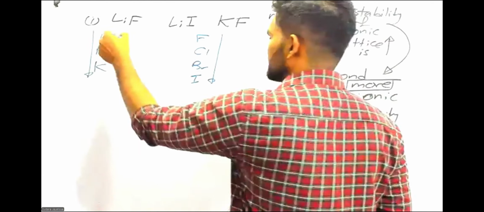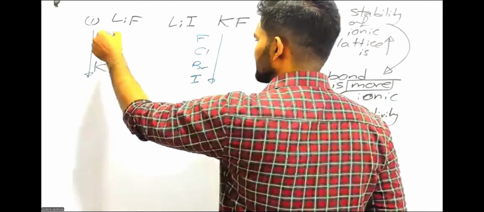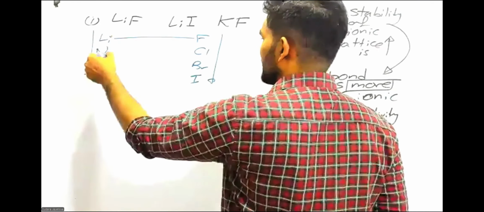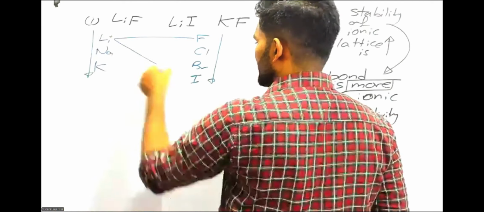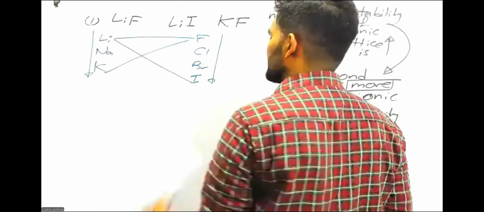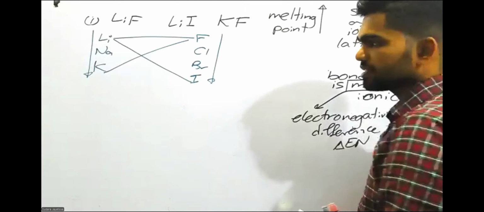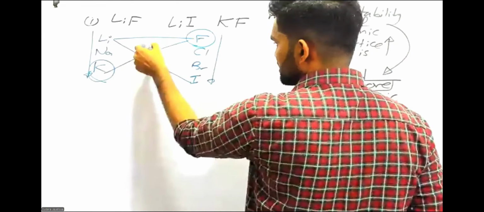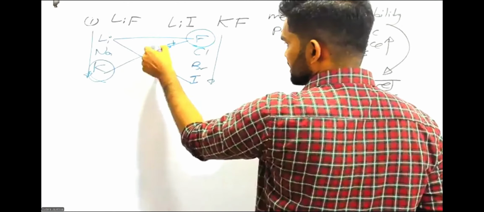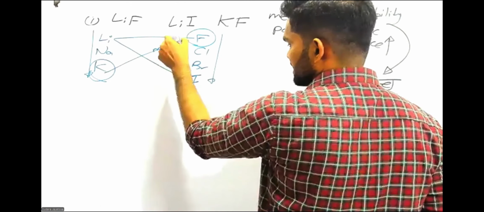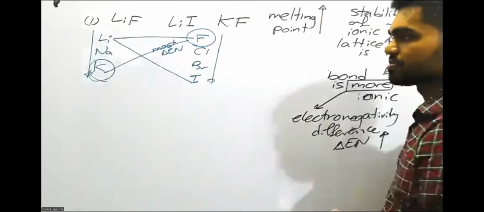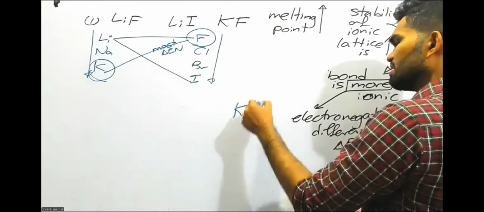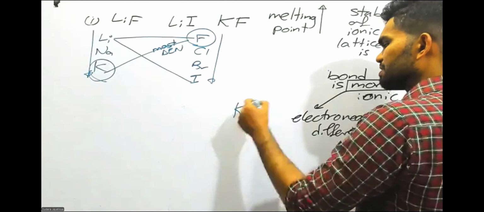Okay, so if you go to lithium fluoride, then you have lithium iodide, then you have potassium fluoride. These are the combinations, with the highest value and the lowest value. Potassium fluoride has the highest delta EN, so it should have the highest melting point, KF.